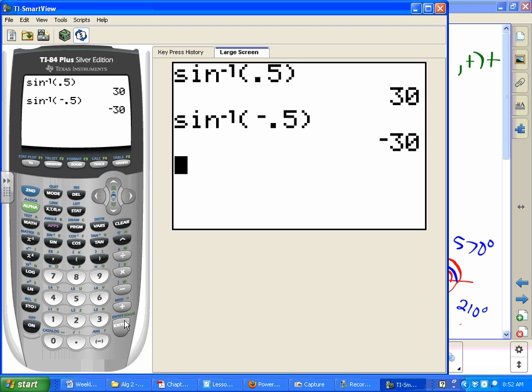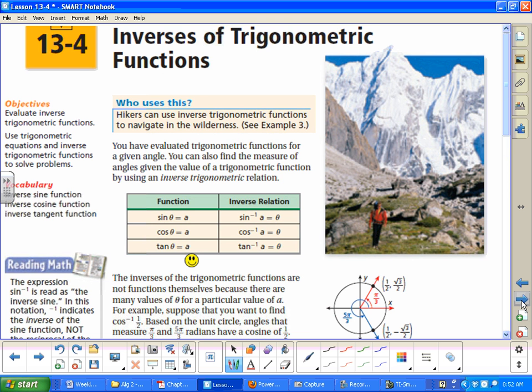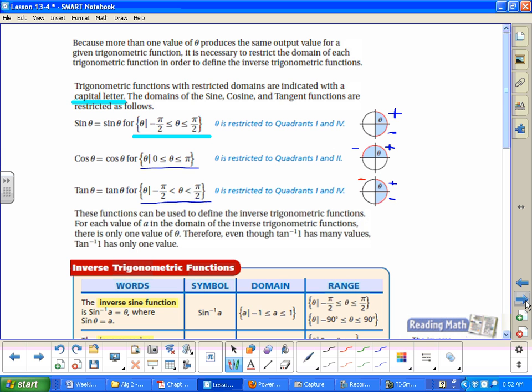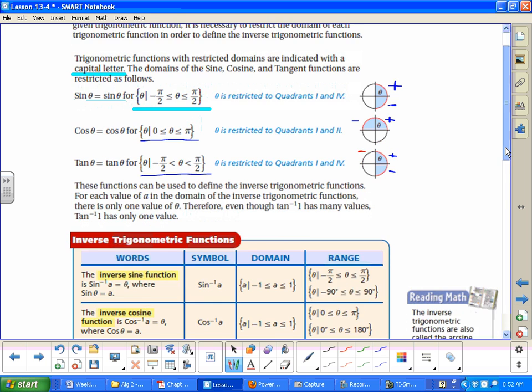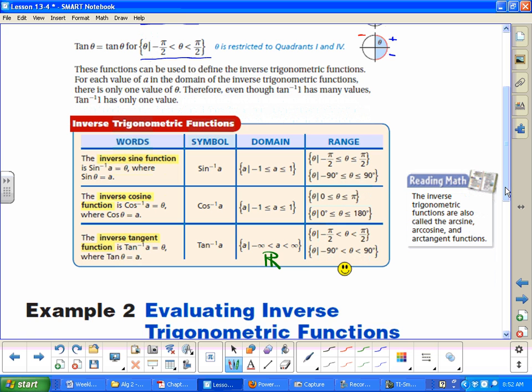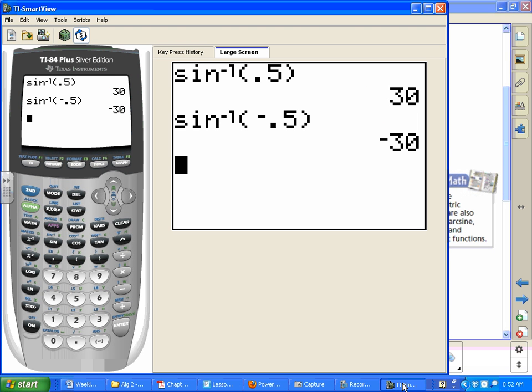Let's try cosine. Cosine of a negative, we said here, has to be in the second quadrant. That means the answer I get when I do inverse cosine of a negative has to be between 90 and 180 degrees. So if I use my calculator for a negative cosine, let's do inverse cosine of negative 0.5. It should be at 120 degrees.